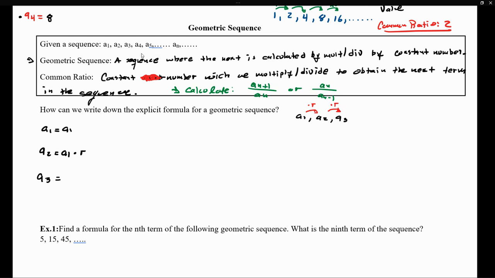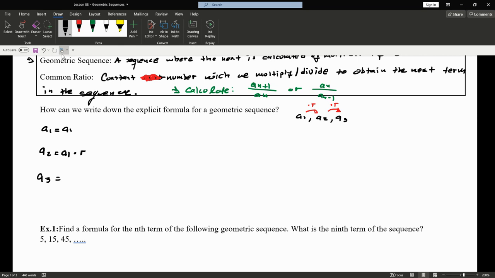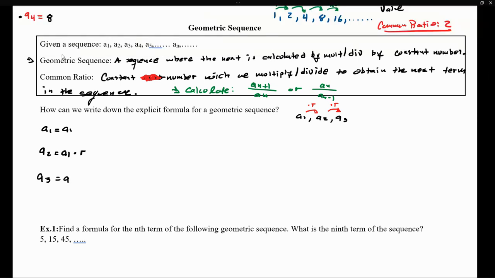So to get to the third term, we can say, well, that's the second term times a ratio, or we could say that is the first term times 1, 2 ratios. So we're going to have the first term times a ratio times a ratio, which is just equivalent to the first term times the ratio squared. Now, how will we get to the next term?